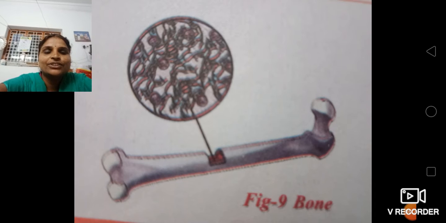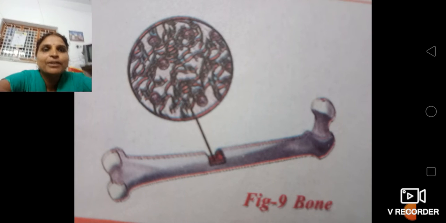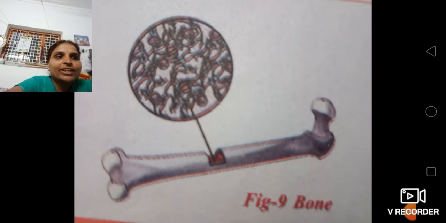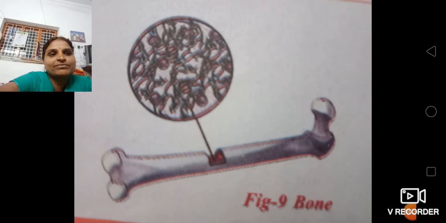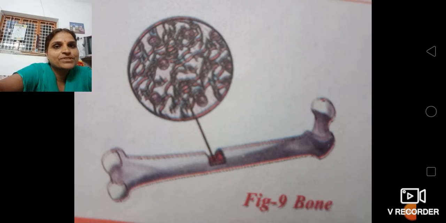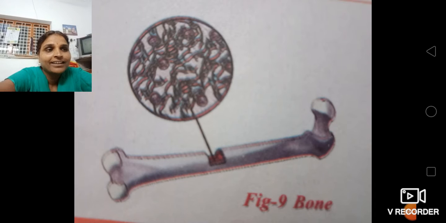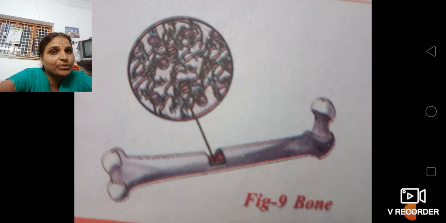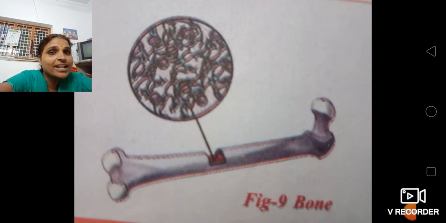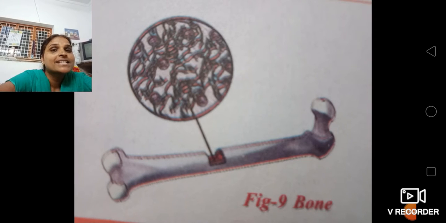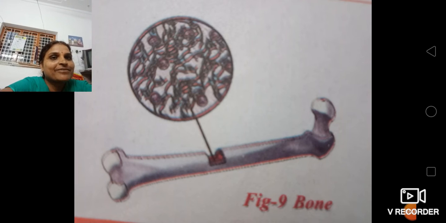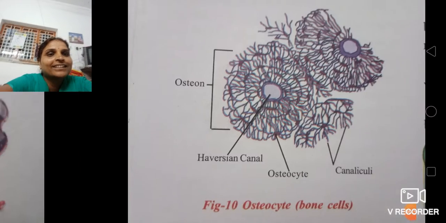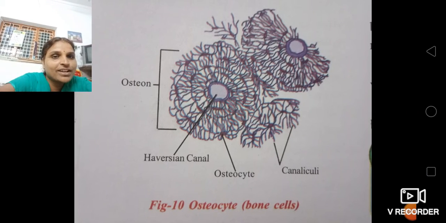Do you see in the picture? This is the bone. This bone is made up of some salts. What are they? They are calcium phosphate and calcium carbonate. These salts are secreted by special cells called osteocytes.